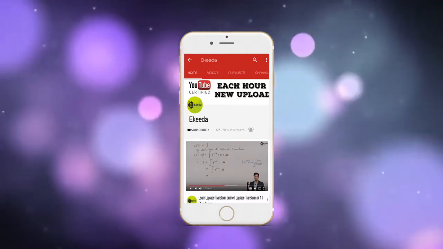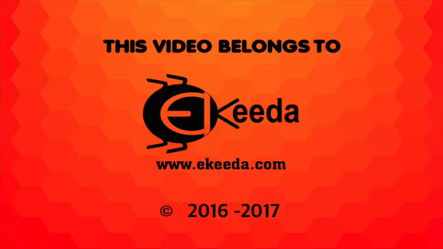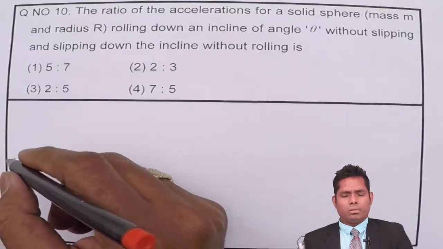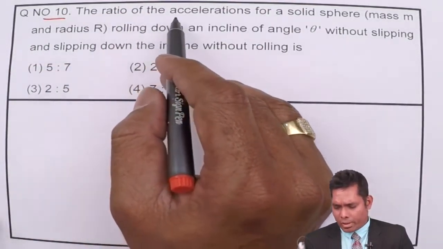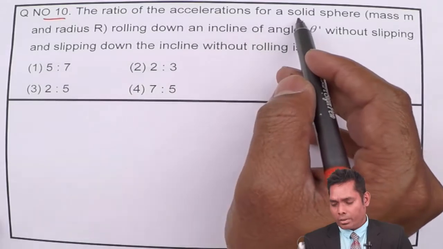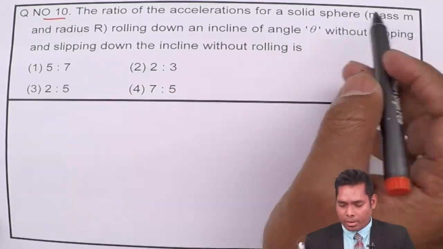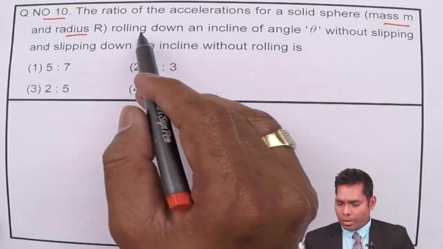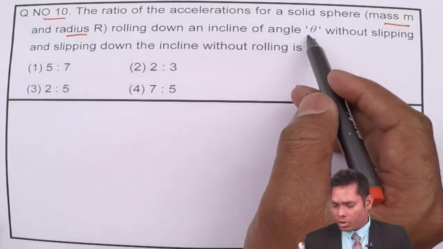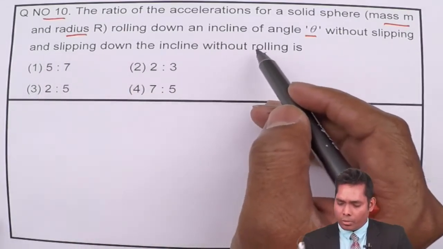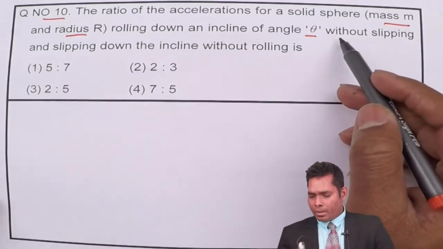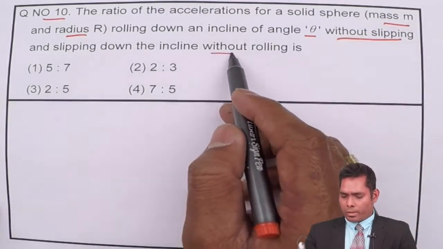Hello students, let us solve the next question. Question number 10, 2014 NEET paper. This says: find the ratio of accelerations for a solid sphere of mass m and radius r rolling down an inclined plane with angle theta without slipping, and slipping down the incline without rolling.